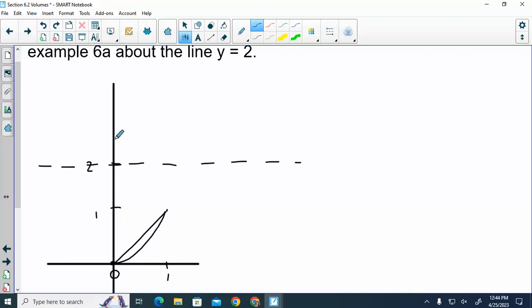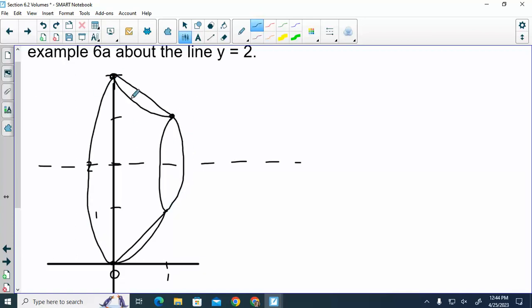So this point would come up to here. This one was one away from the line. So again, this is shaded here. So the outside is there, but it's hollow on the inside.